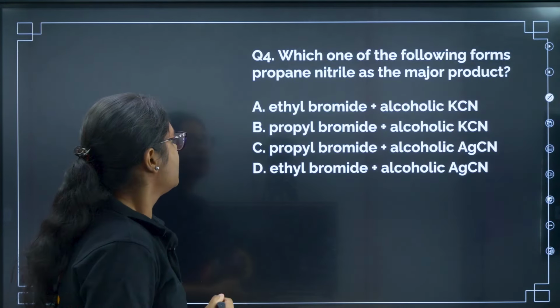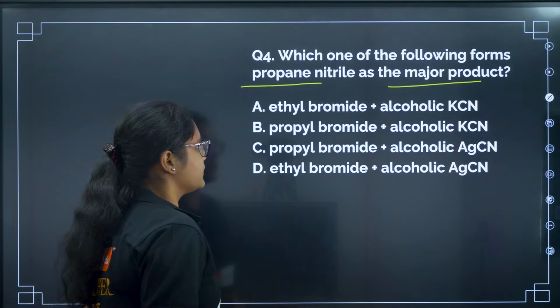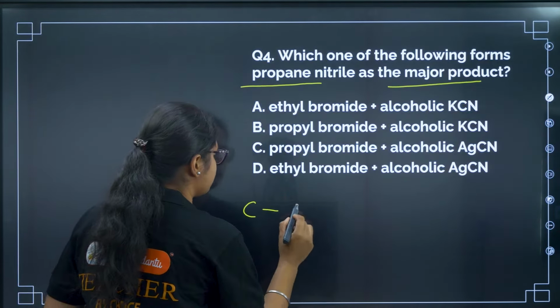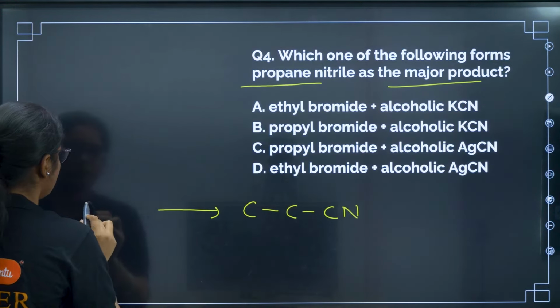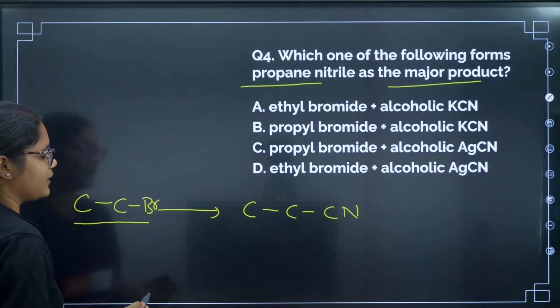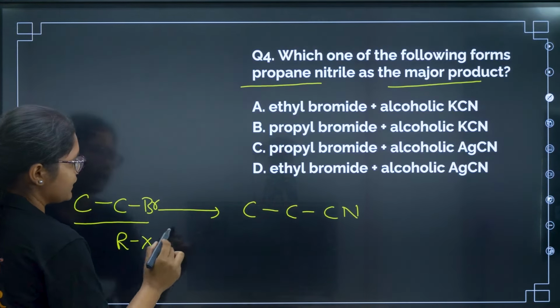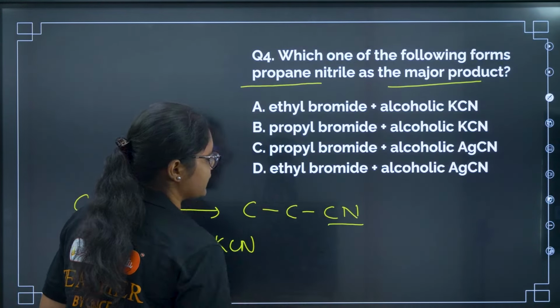Okay, next. Which of the following forms propane nitrile as the major product? Okay, so propane nitrile means what? We have this one. This is propane nitrile, and we know we should take now 2 carbon. Okay, 2 carbon, any RX you will take. If you add it with KCN, so that will give you CN, right?